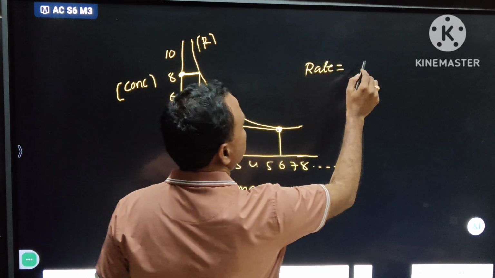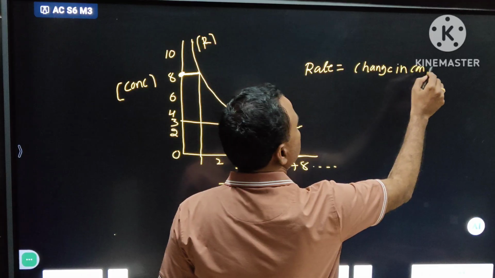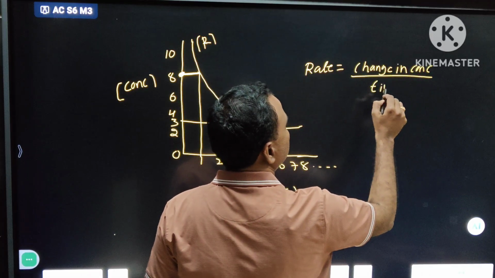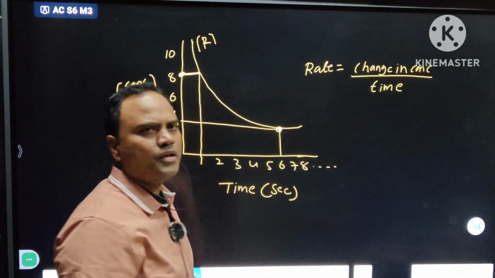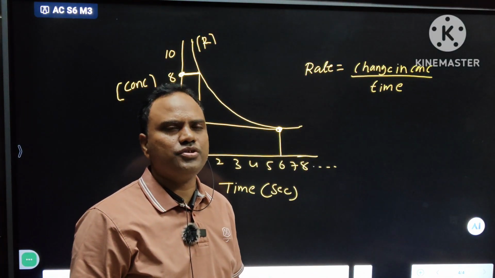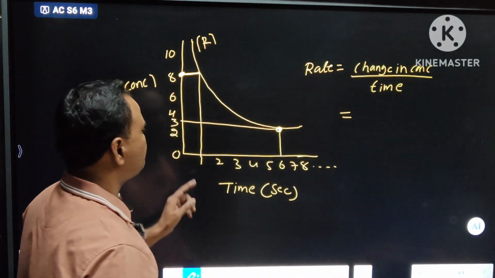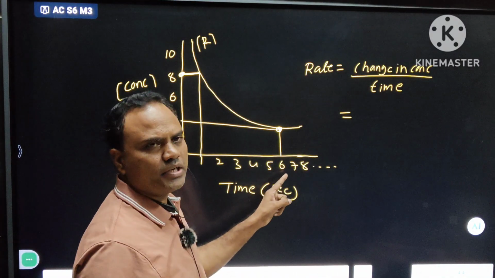Change in concentration by time. Right. Change means final minus initial. Final means at 6 minutes.